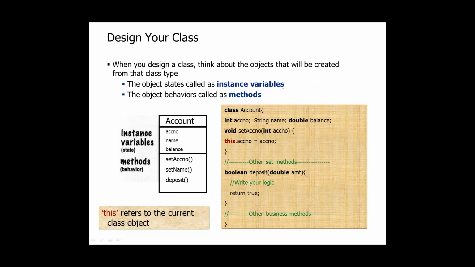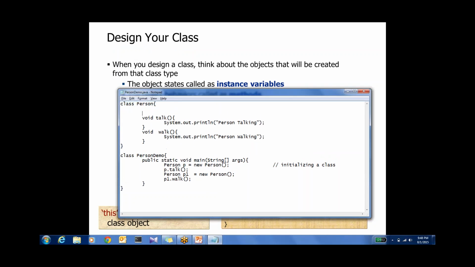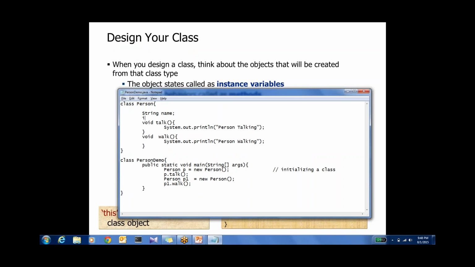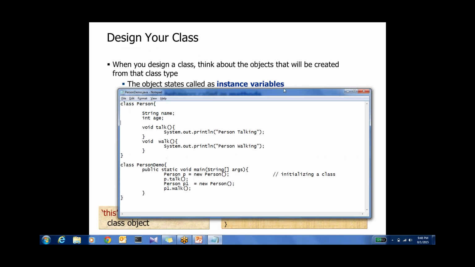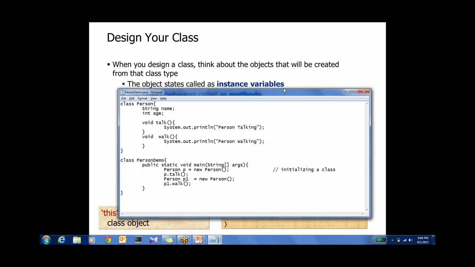For instance, a person may have a name, String name. A person may have an age, int age. All right, so I want to maybe use this data in my objects. So that's where we can actually use the instance variables.